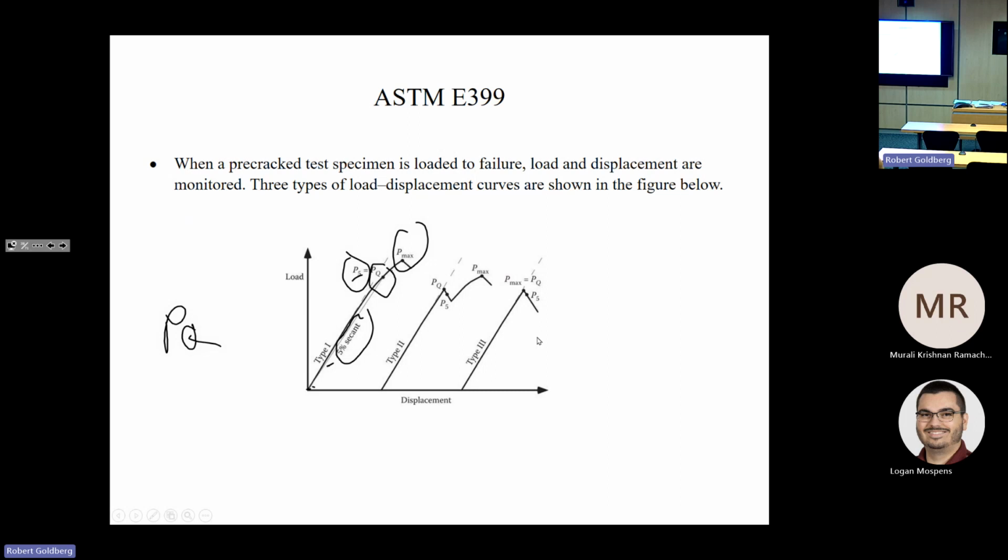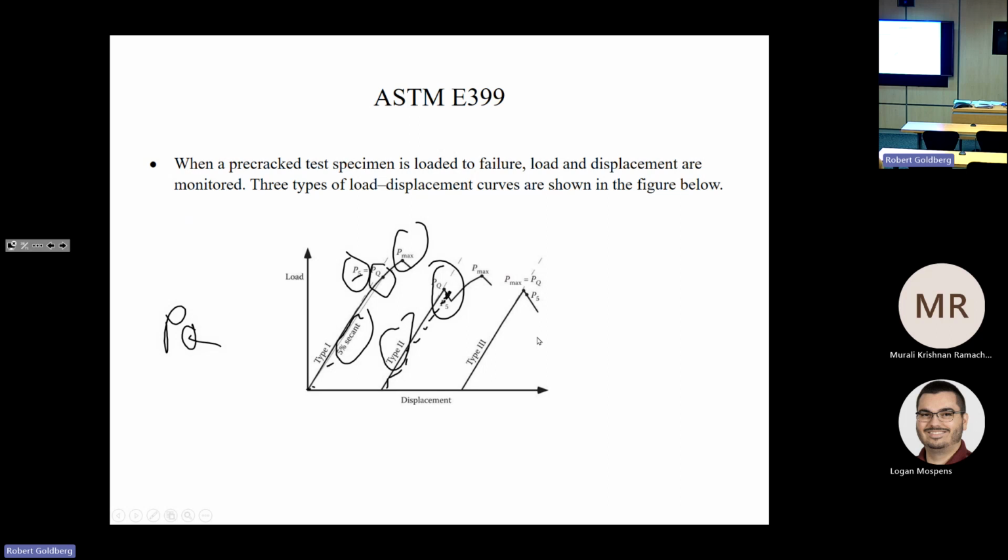Now, with this type 2 curve, you get a little bit of unstable crack growth, which occurs before the curve deviates from linearity. So here, it's mostly linear, and then you do your 5% secant line, and it'll intersect here.